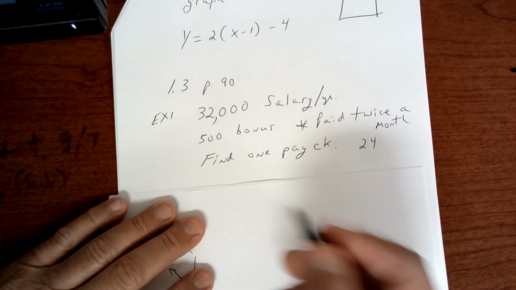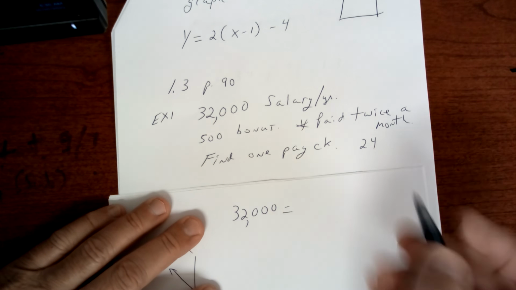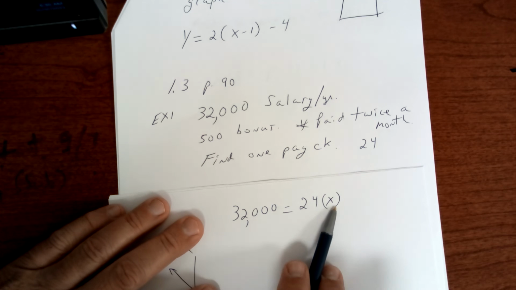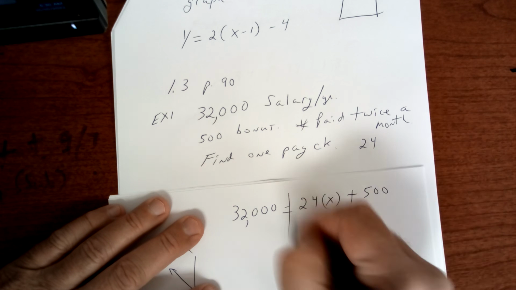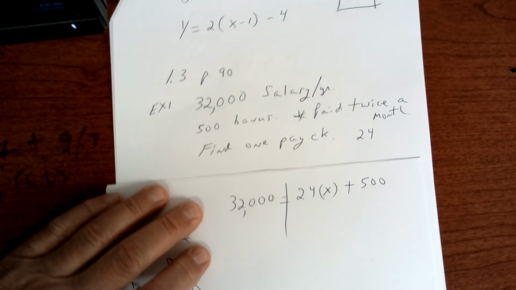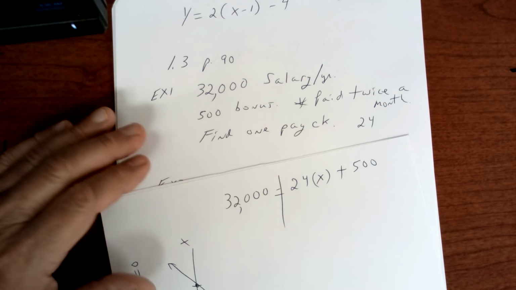So your salary, $32,000, is equal to 24 times the number, how much you get paid each paycheck, plus a $500 bonus. If you can solve that equation, you will find out how much your paycheck is. I would subtract and then divide by 24. The solution is there in the book.